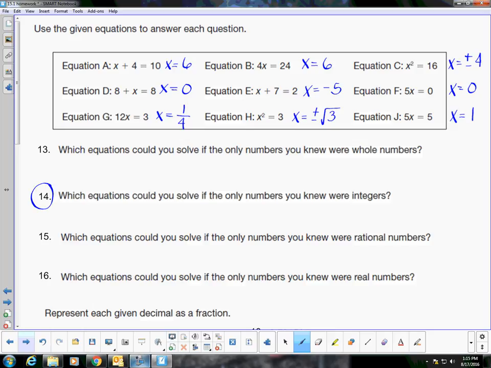Number 14 says, which equations from above would you solve if the only numbers you knew were integers?